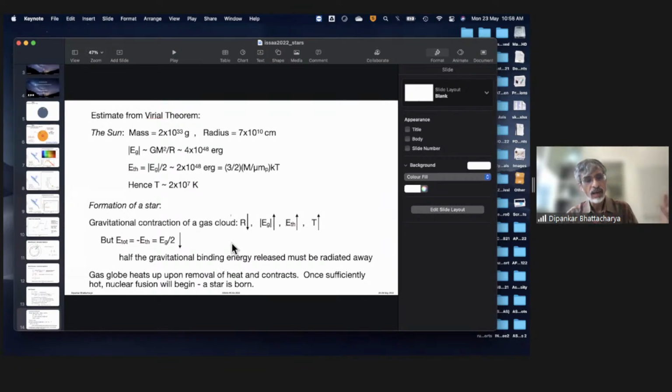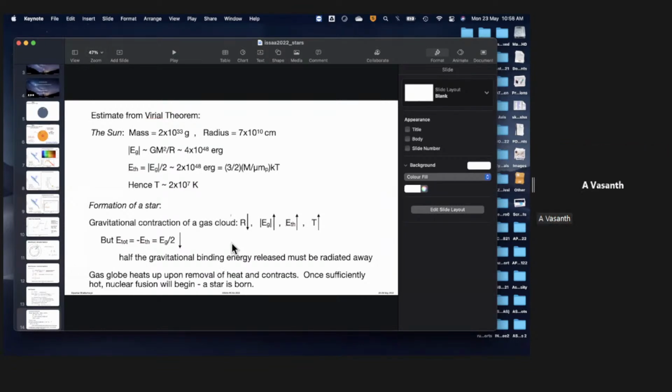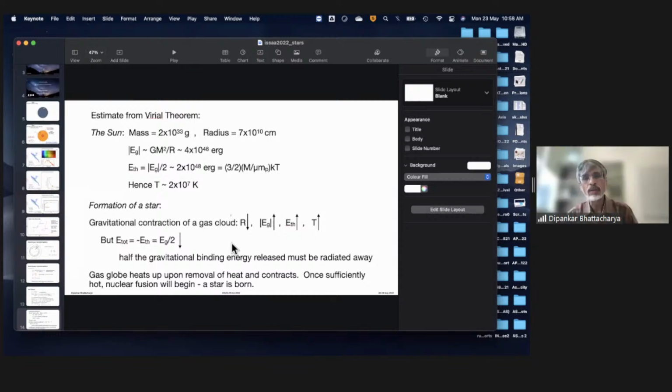Unless half the energy goes away, the contraction can only proceed as much as will correspond to twice the amount of energy going. So if you take a little energy away, then contraction will proceed until the gravitational binding energy drops by twice that amount. If you don't take away any energy, the cloud will not collapse.